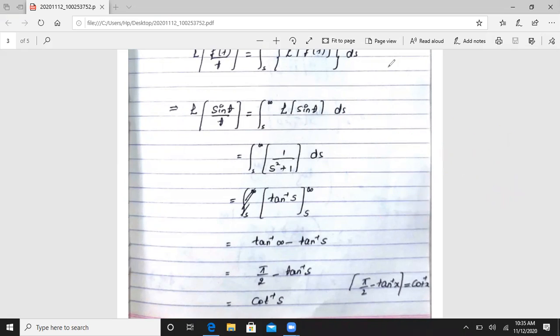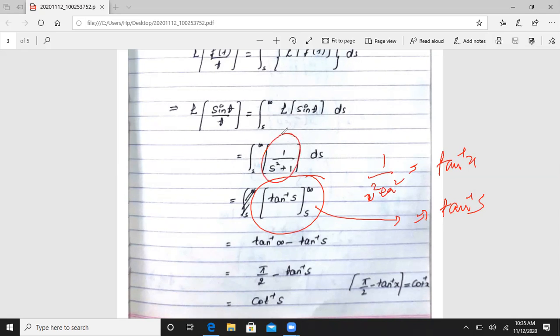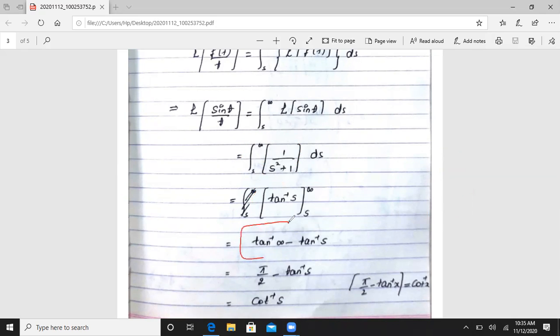And this is the integration formula: the integral of 1 divided by x square plus a square is tan inverse of x. That means tan inverse of s here. So 1 divided by s square plus 1 integrates to tan inverse of s with limits s to infinity. When we apply the upper limit minus lower limit, it is tan inverse of infinity minus tan inverse of s.